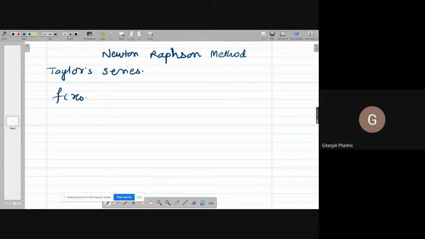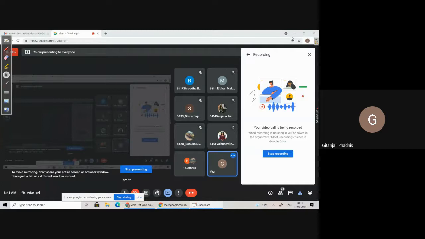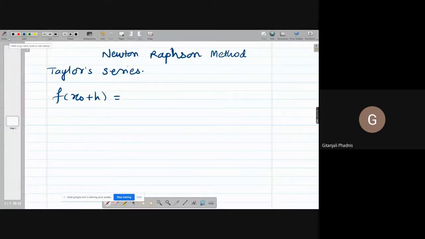f of x0 plus h. Can anyone tell me this? Yes. Does anyone recall what Taylor's expansion formula is?